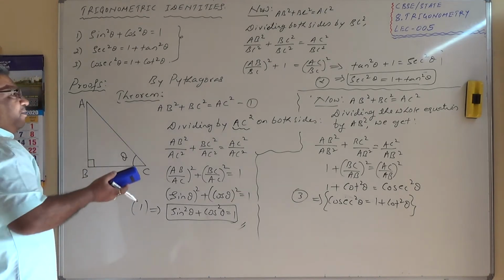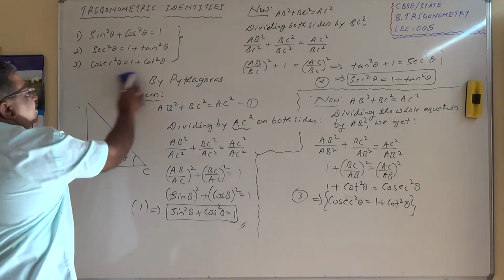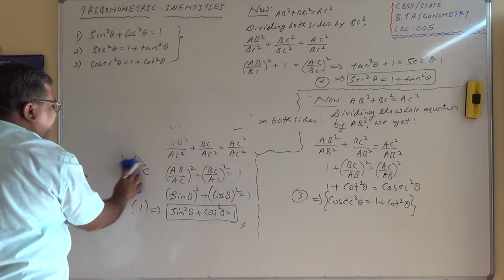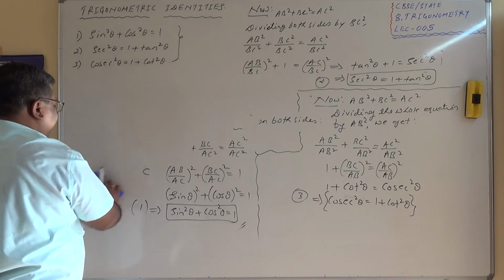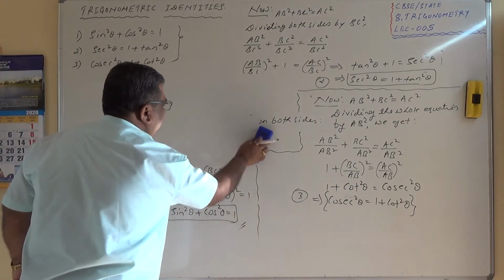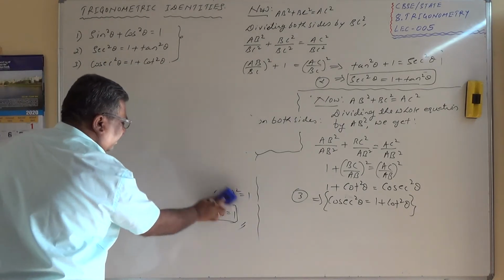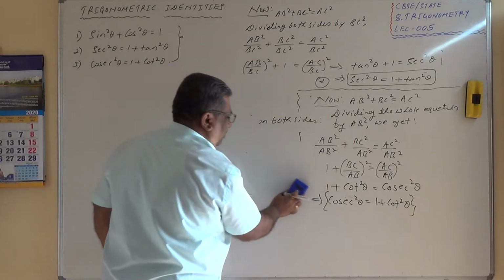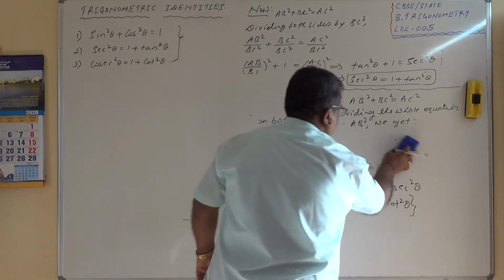Next, I hope you must have noted down. Now what I will do is write these identities down in a structured way. The entire board will be filled up with only the identities now.